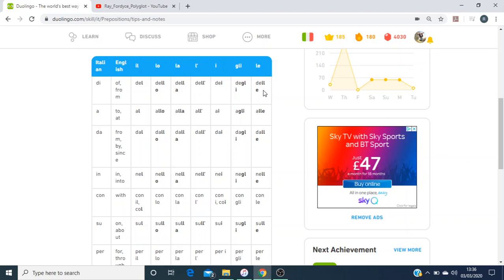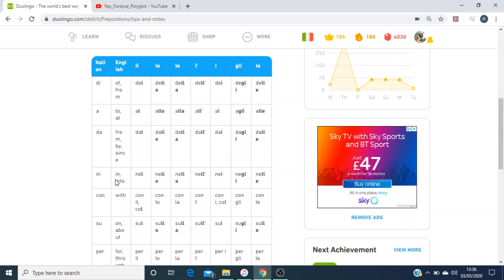Once you've worked that out, you can guess the similar patterns with a, to or at: al, allo, alla, all', ai, agli, alle. And the same with da, which means from, by, or since: dal, dallo, dalla, dall', dai, dagli, dalle.